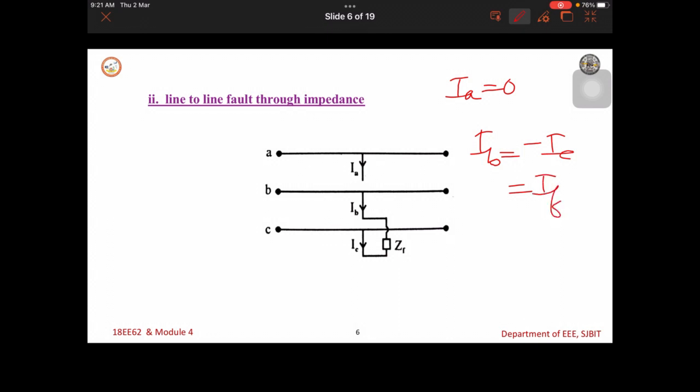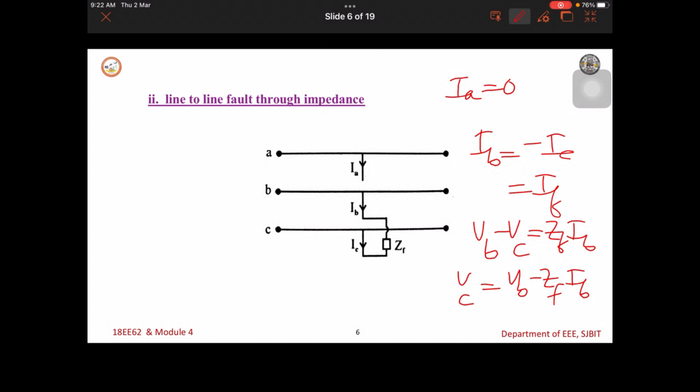Here you can write the expressions for voltages. VB minus VC is nothing but ZF into IB, and VC is nothing but VB minus ZF into IB.